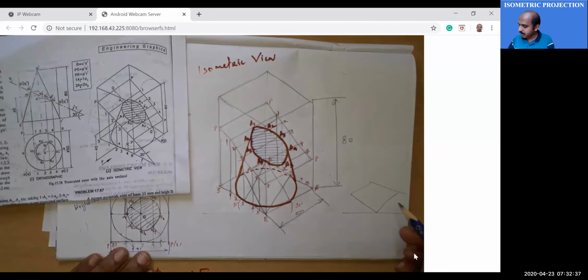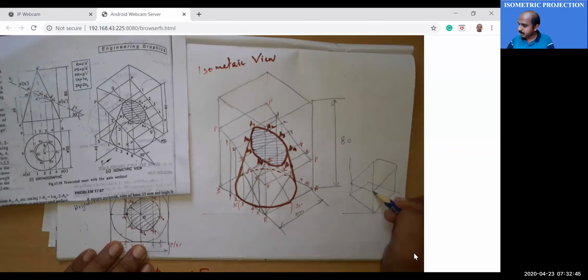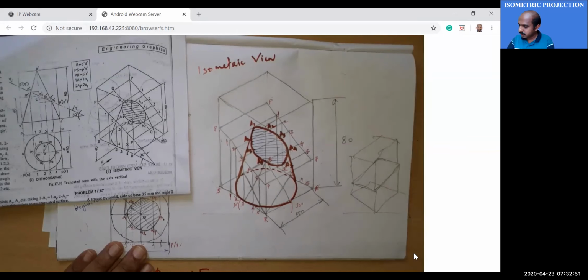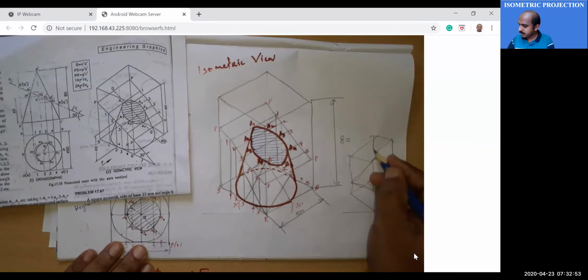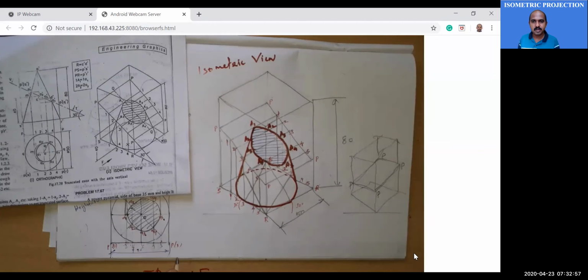The plane will appear like this only. So this is your PP. This is actually your P, P, P, P. There is only a difference. The cutting plane is in another direction. Okay.